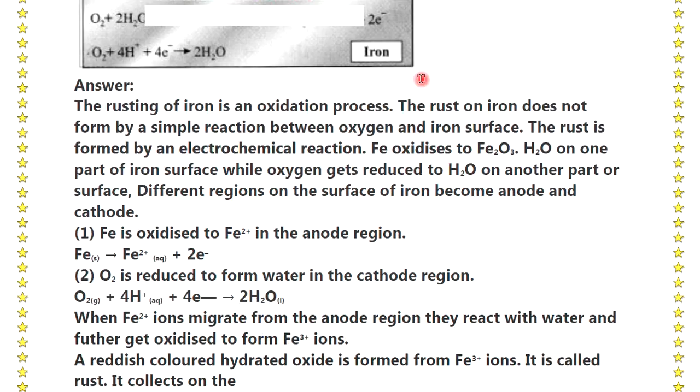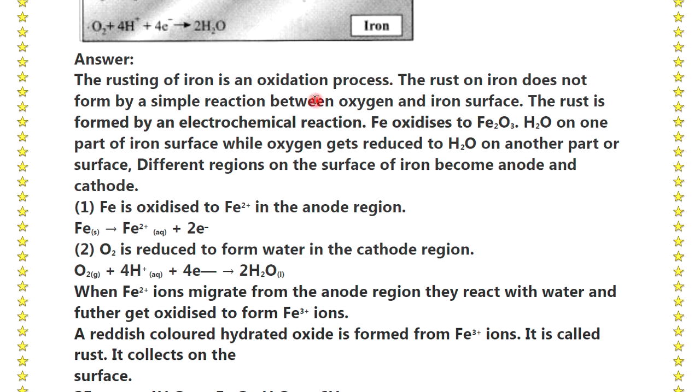The answer is: the rusting of iron is an oxidation process. The rust on iron does not form by a simple reaction between oxygen and the iron surface. The rust is formed by an electrochemical reaction. Fe oxidizes to Fe2O3.H2O on one part of the iron surface, while oxygen gets reduced to water on another part.